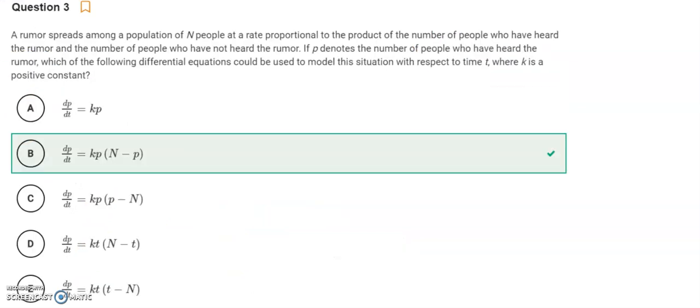All right, question 3. This one actually comes directly from an old AP multiple choice exam, one of their released exams. And again, you just got to kind of sort through the story that's being told here. So it says, a rumor spreads amongst a population of n people, so our total population is n, at a rate proportional, so that's where we're going to have our k, to the product of the number of people who have heard the rumor and the number of people who have not heard the rumor.